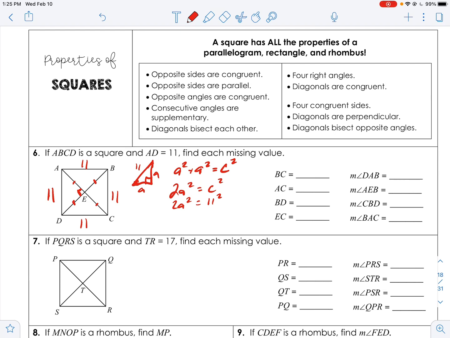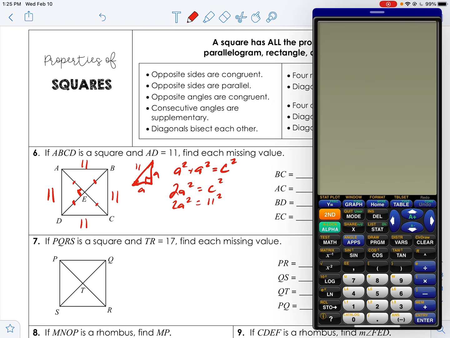So I'm going to figure that out right there. So let's see what we get. Because they worked it differently.